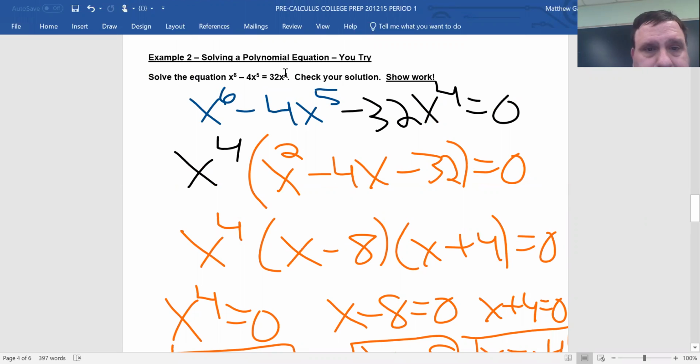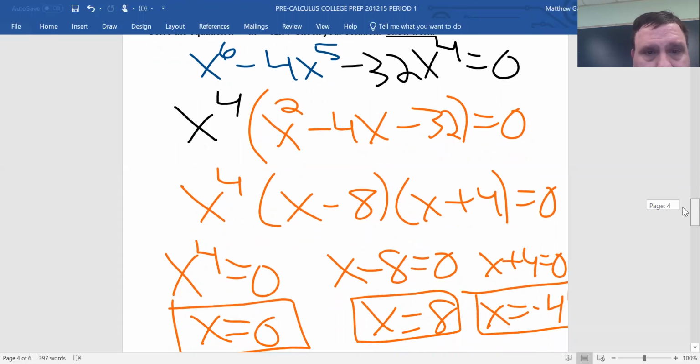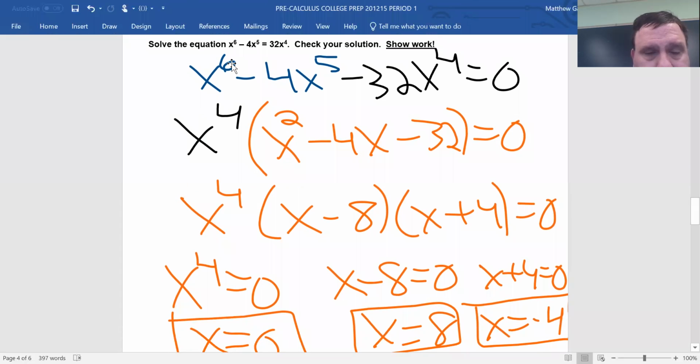So just use the subtraction property to move the 32x to the 4th power over to the left. And the greatest common factor is x to the 4th power. So we factor out x to the 4th power. x to the 6th power divided by x to the 4th power is x squared. So you're just decreasing all of these exponents by 4. 5 minus 4 is 1. And then 32x to the 4th power just becomes a constant.